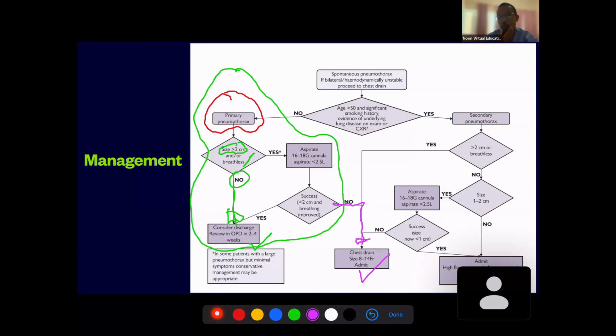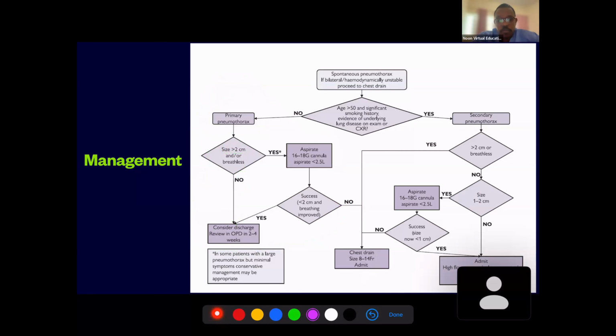So we'll go to secondary pneumothorax. You ask the patient about the history. His age is more than 50, history of smoking, there is lung disease before. So you determine this is a secondary pneumothorax. After you determine this, you need to measure the size and check the symptoms.